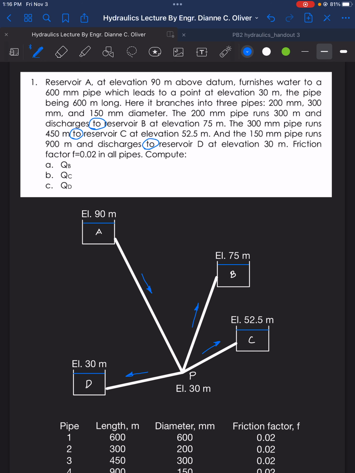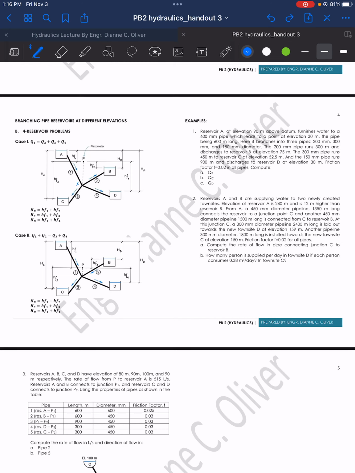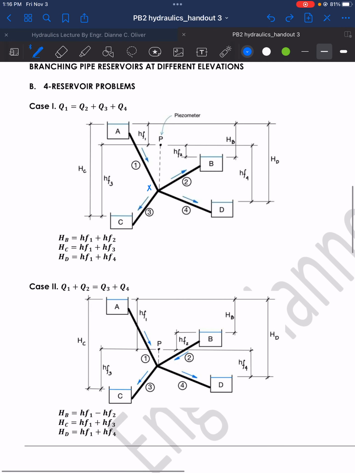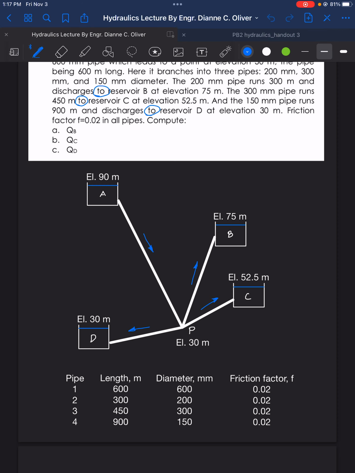Having this flow of water, this will be case number 1, wherein Q1 is equal to Q2 plus Q3 plus Q4, being the pipes 1, 2, 3, and 4. So let's name these also as pipe 1, 2, 3, and 4.